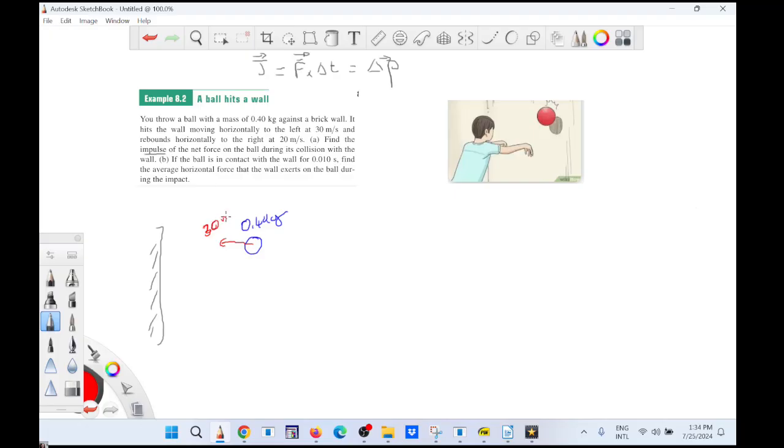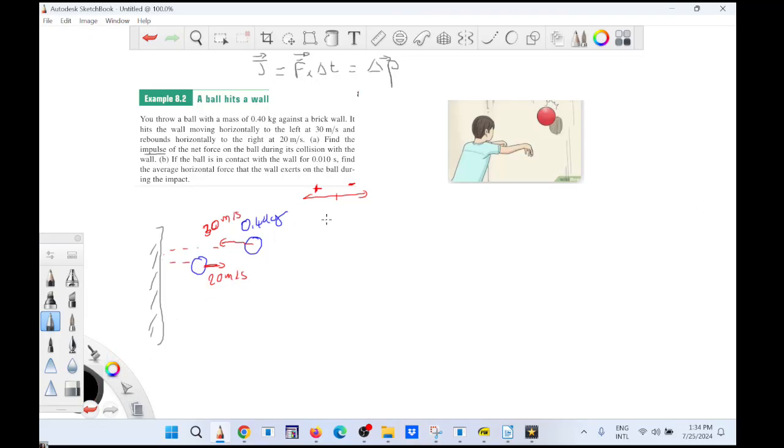And then I have to decide which way is plus, which way is minus. So I'm going to take plus to the left and minus to the right. It's going to bounce off and it's losing some energy because now it's coming back with 20 meter per second.